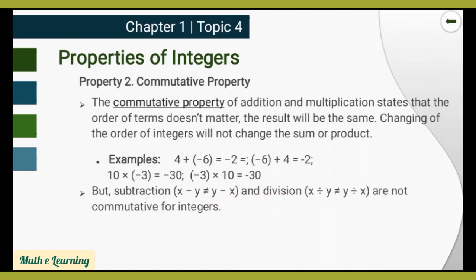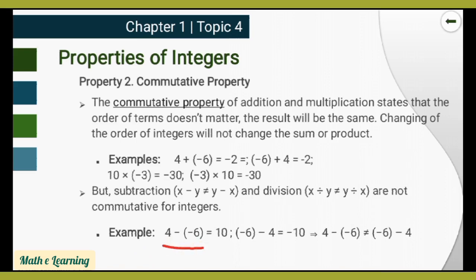But subtraction and division are not commutative for integers. That means this property does not apply to subtraction and division. And how? So we can understand using examples. Four minus 6 is equal to 10.